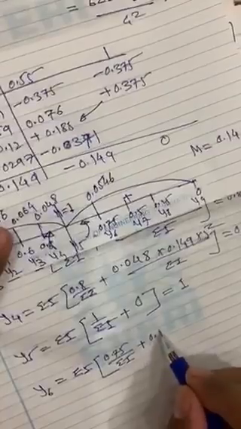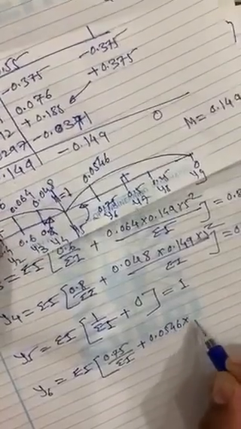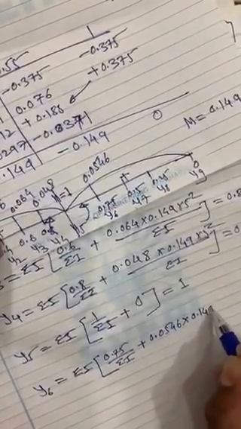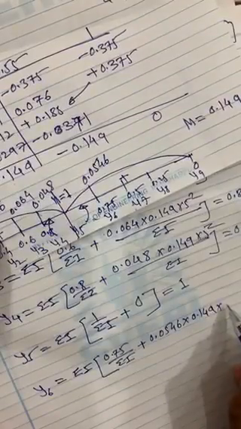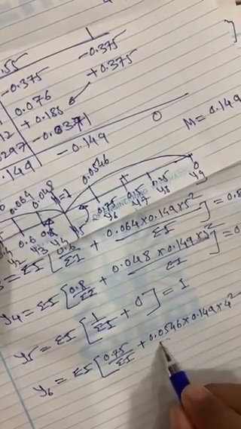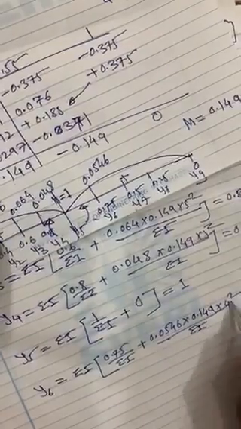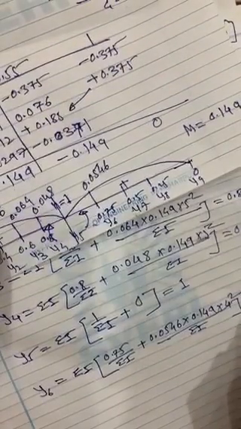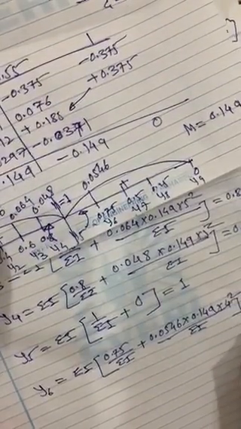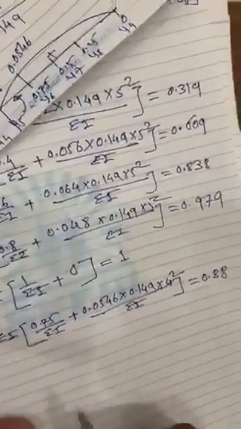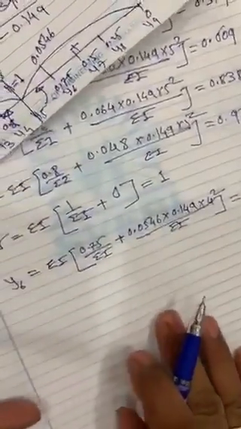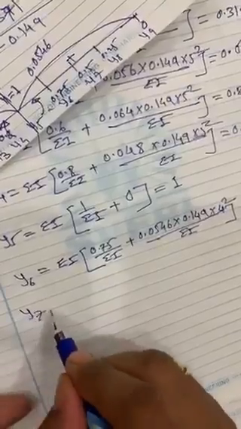So it will be 0.0546 into 0.149 into the other span, 4 square, divided by EI, and you can get this value as 0.88.